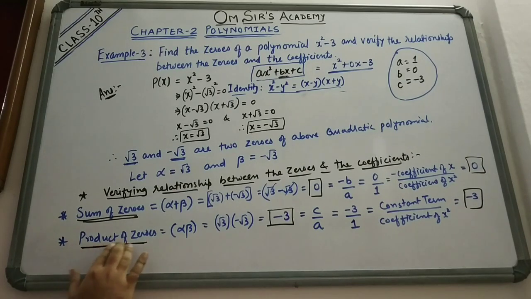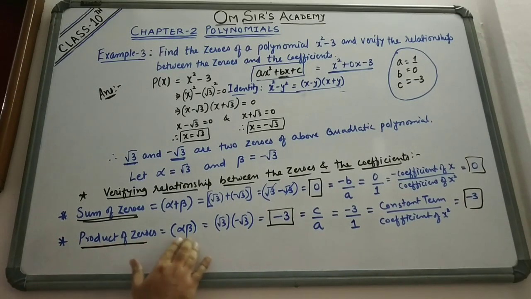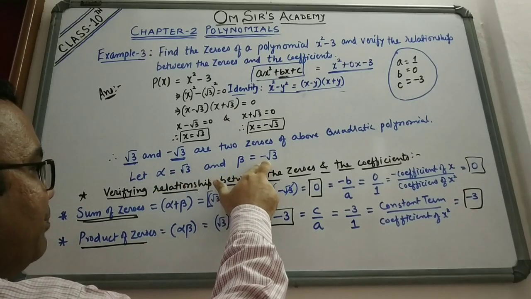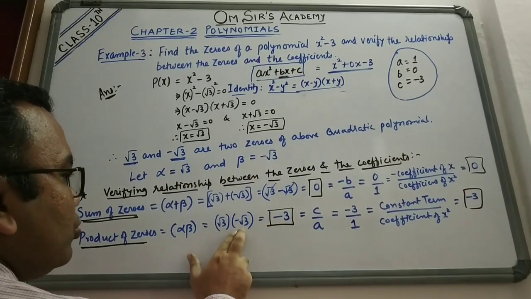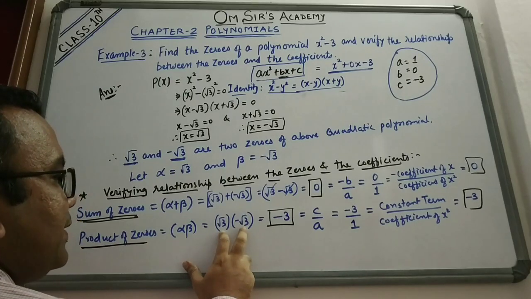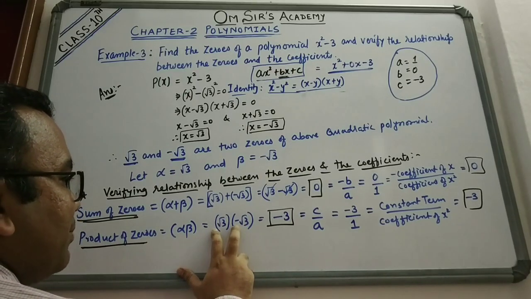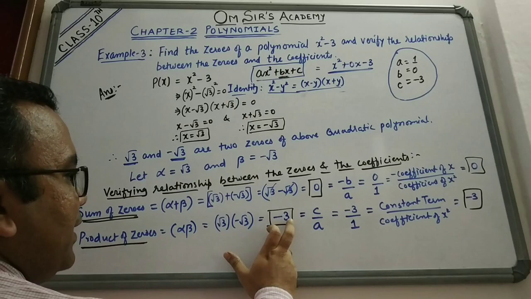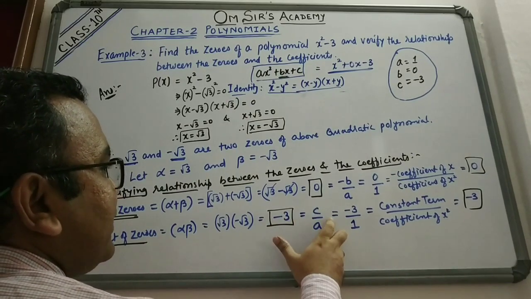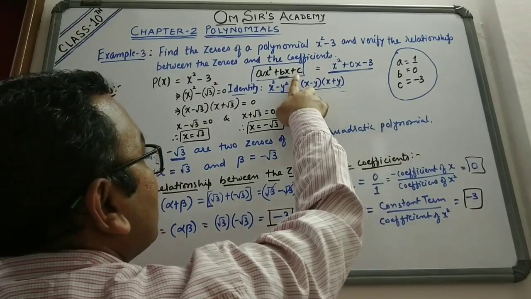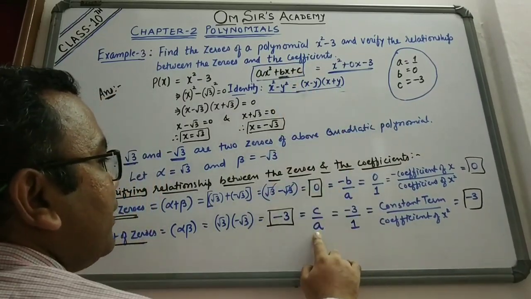And then comes product of zeros. So when I multiplied these two zeros, that is alpha and beta, I got the answer as minus 3. Root 3 into minus root 3 is root 3 into root 3 is 3, and plus into minus is minus. So I got minus 3 as an answer. So that should be equal to c upon a, and c was what? The constant term over here, and a was what?